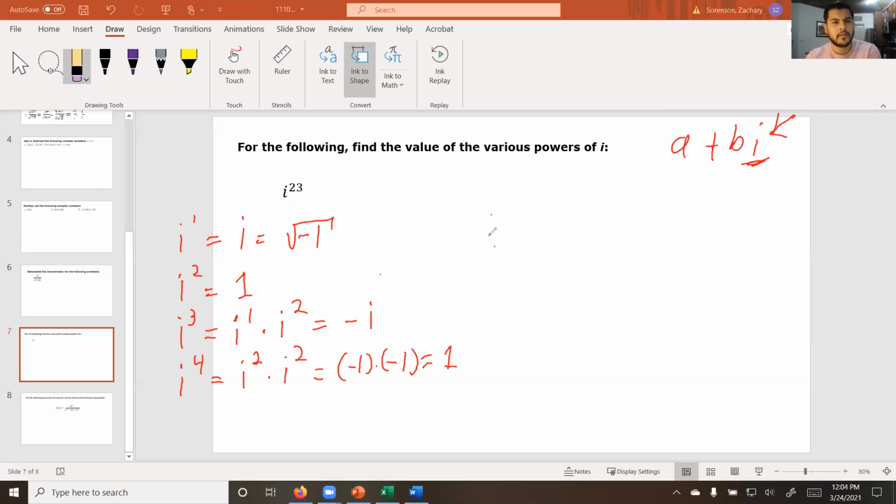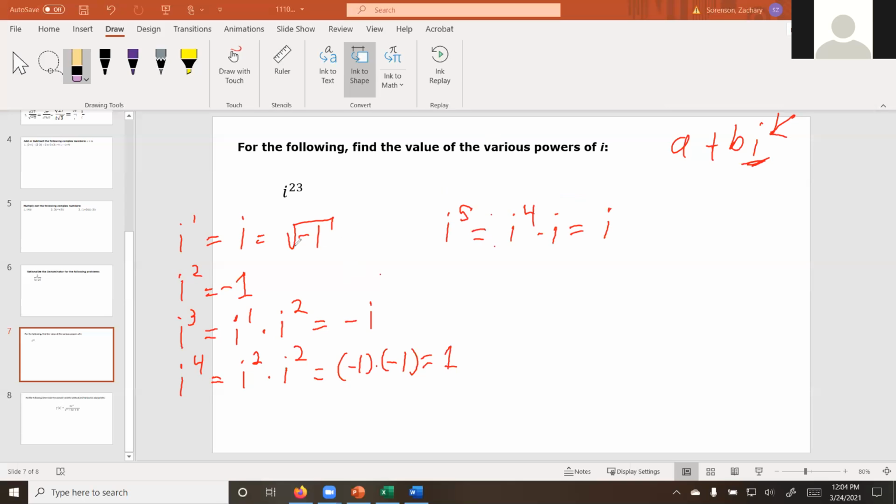Isn't i squared equal to -1? Yes, so i squared is -1. Oh, sorry, I see what you're saying right here. Yes, apologies. i to the 5th. Well, that's just i to the 4th times i. i to the 4th is 1, so we get i.